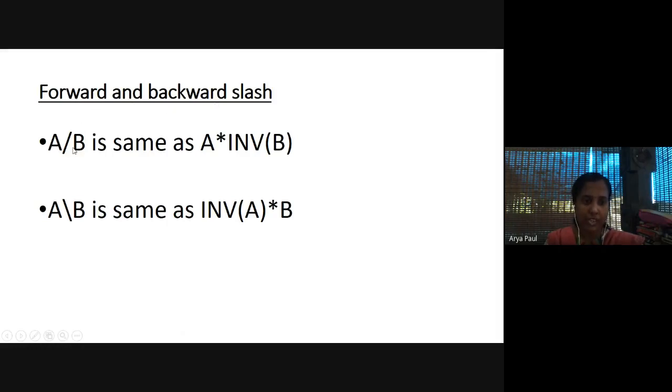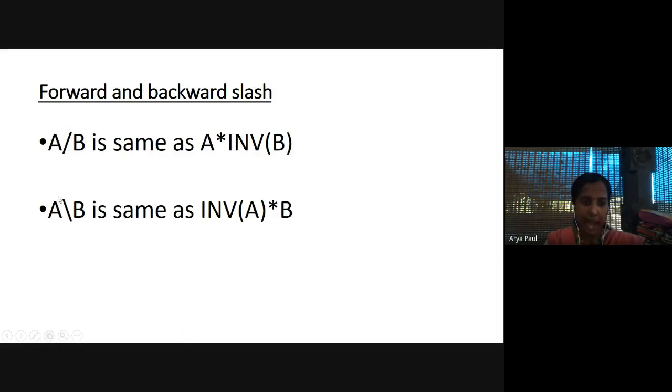A forward slash and backslash. Forward slash is this slash: A slash B, or A by B, is the same as A into inverse of B. Please understand that.